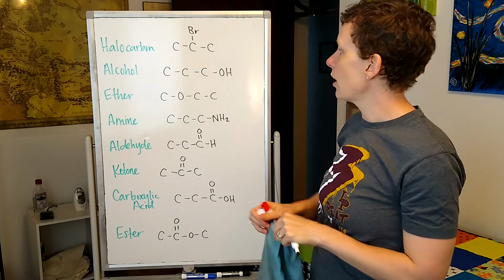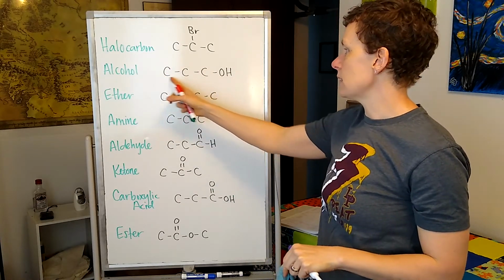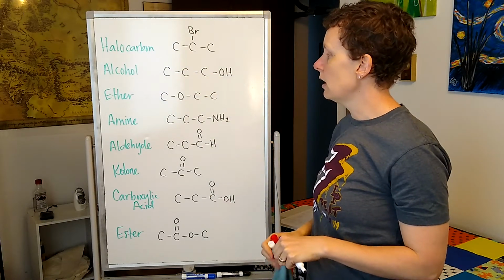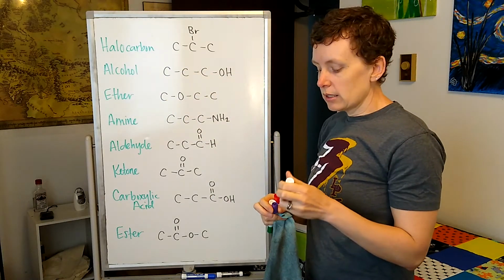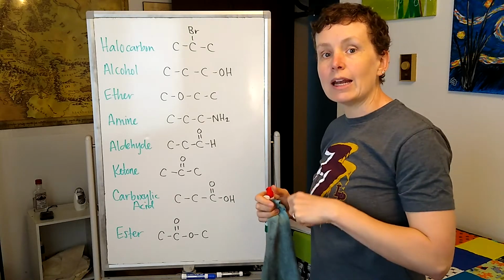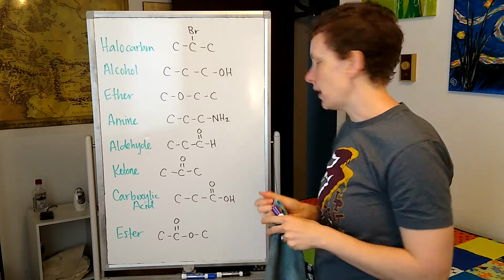So I showed all the carbons as C's, and I did not show the hydrogens. But remember, all of these would have hydrogens to fill up their 4 bond requirement for stability. So if you need to pause the video to copy all of these structures down, please do so. And then I'm going to go through and name each one using the rules that you already copied down from that file.